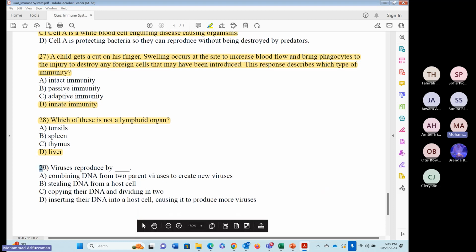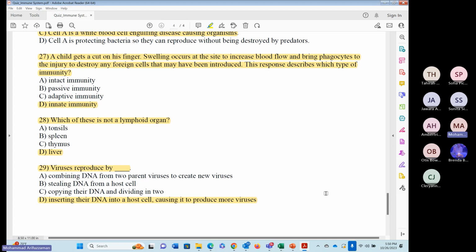The virus is produced by inserting its DNA into the host cell and causing it to produce more viruses. I think we discussed these questions on Monday. That is microorganisms.